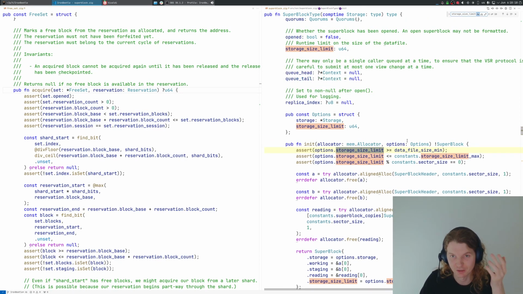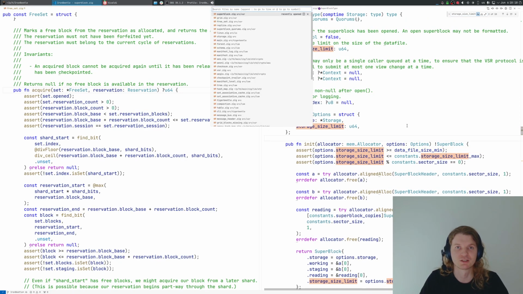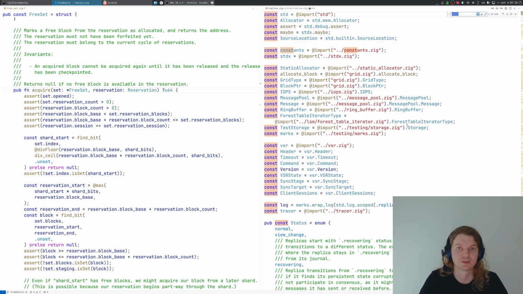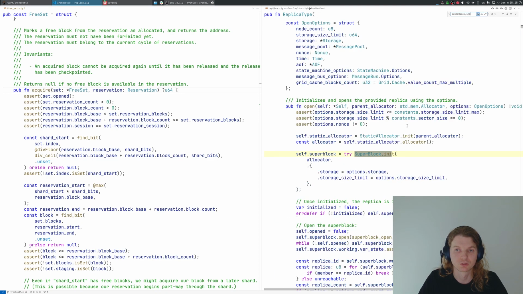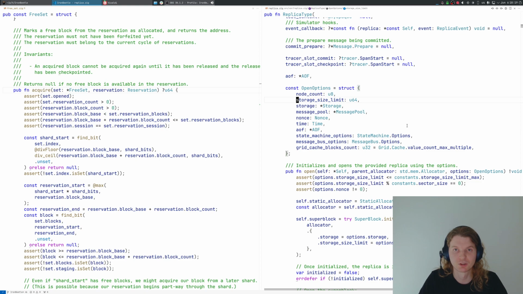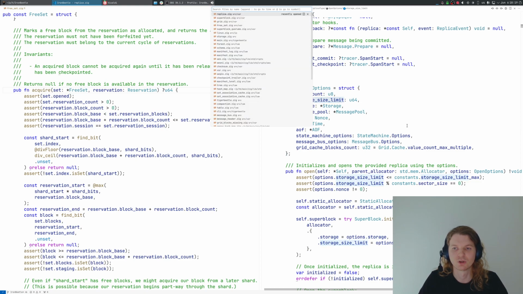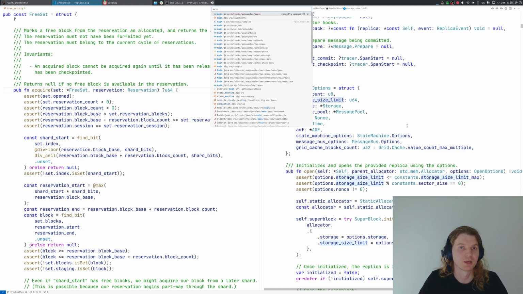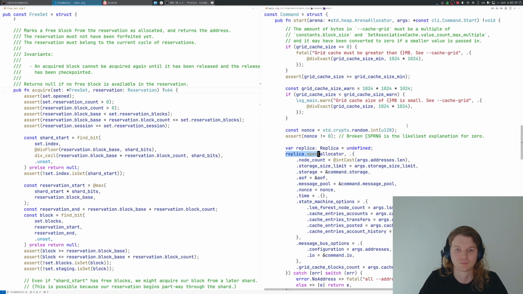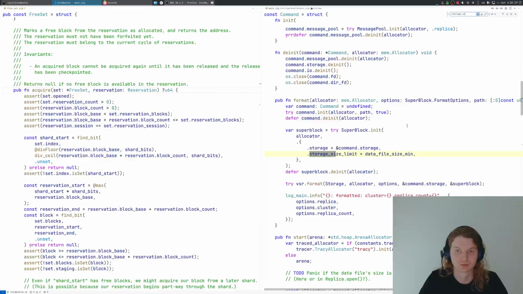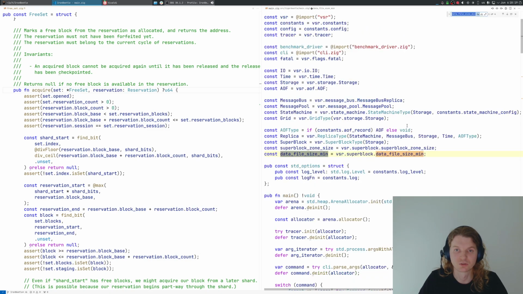So when we create a superblock, we pass the storage size limit, and where this is coming from, superblock init storage size limit option storage size limit, and when we open replica in main, storage size limit, data file size, oh no, it's format.